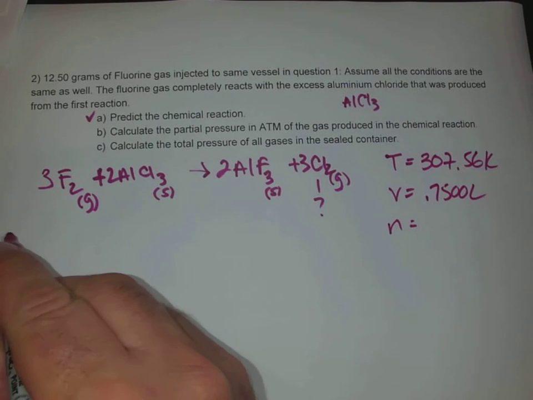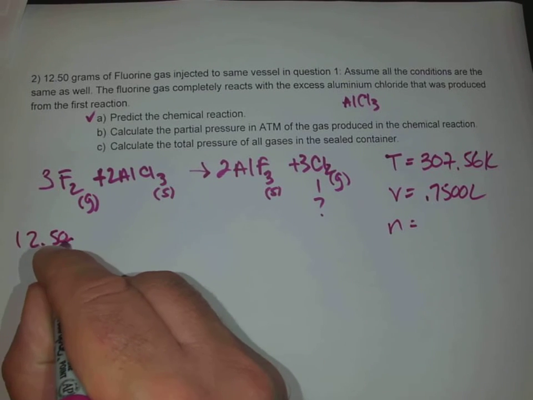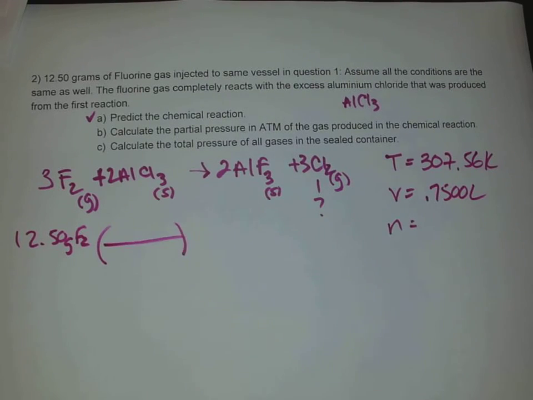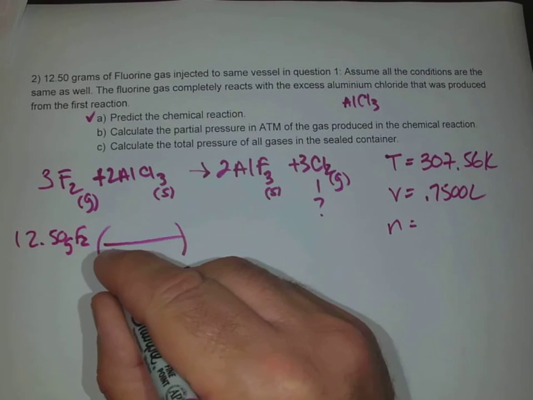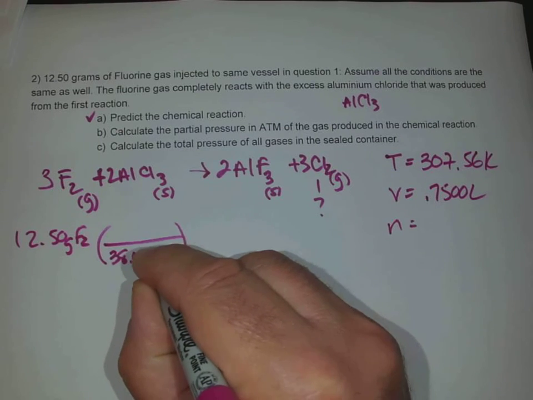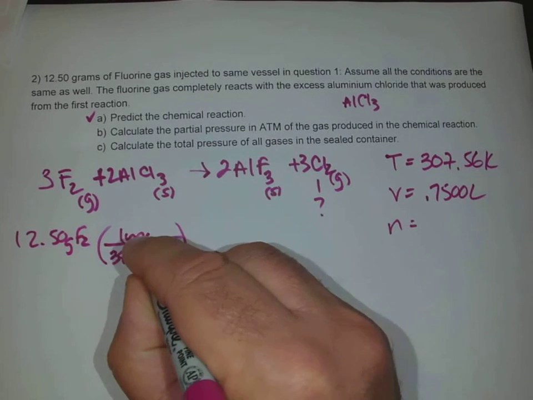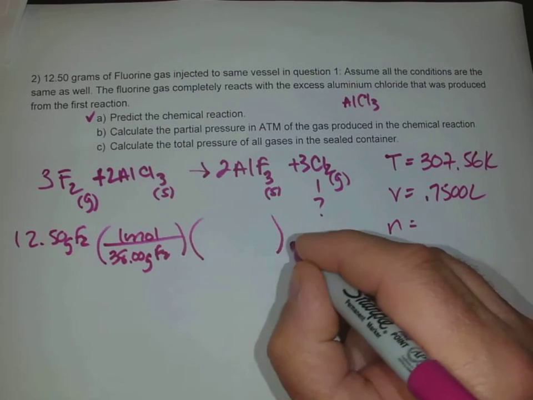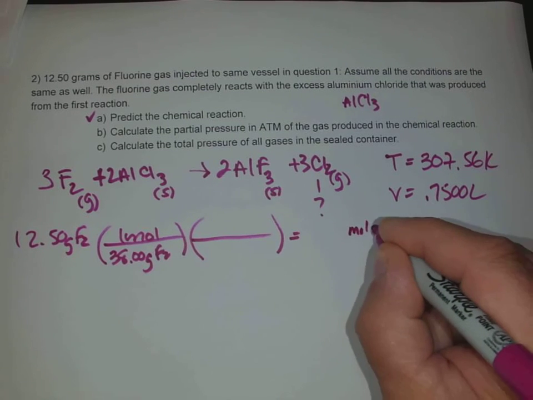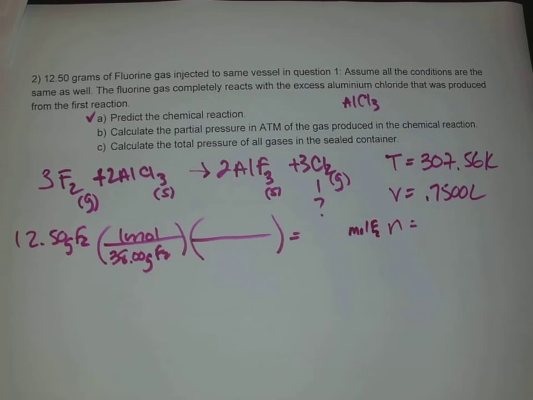All right. So we got 12.50 grams of F2. Fluorine's atomic mass is 19. So multiply that by 2, and we get 38.0 grams of fluorine for every 1 mole of fluorine. And again, I just want to figure out moles of fluorine. I don't need grams of fluorine.